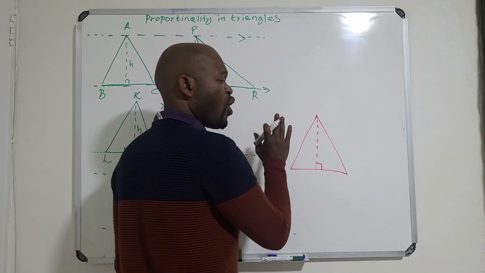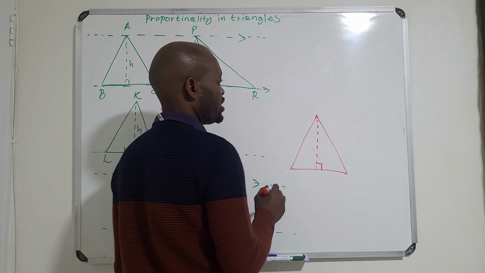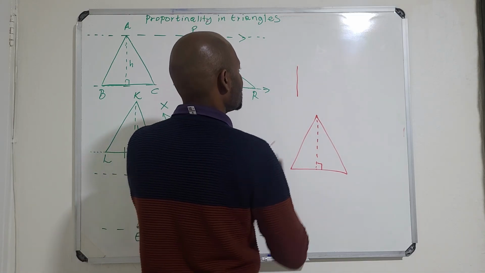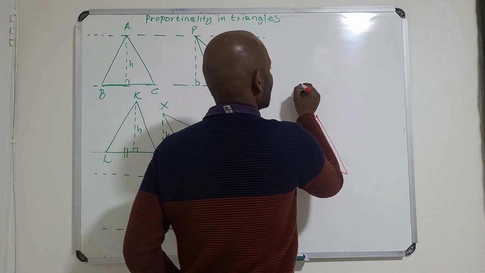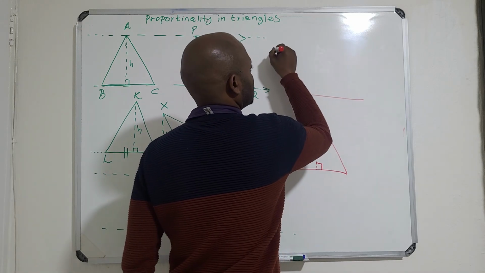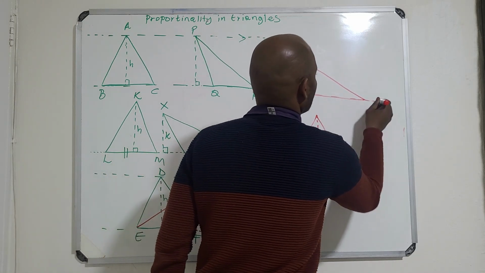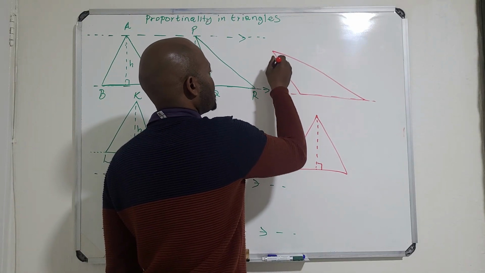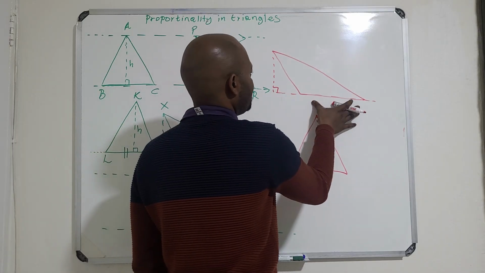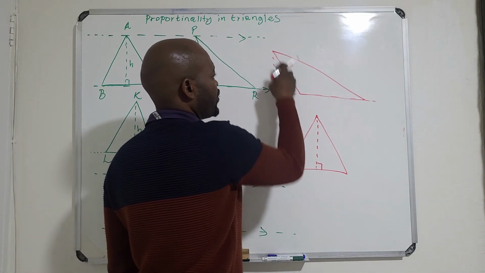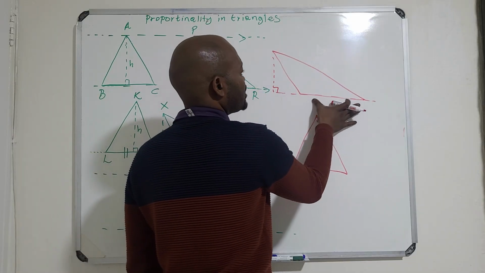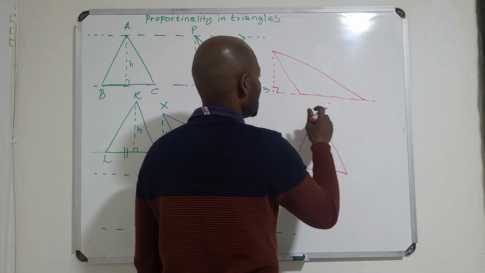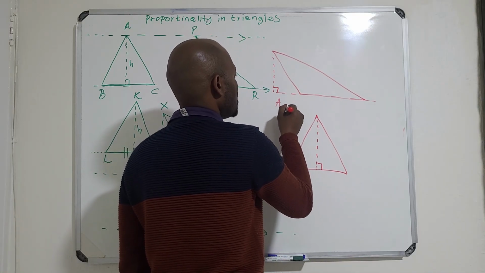For any triangle that I can be given, for example, an obtuse angled triangle like that, if I want to find the area, I know that I need to have height and the base. There's my height of this triangle there. There's my base here. Therefore, once I have the height and the base, I can use the area formula.